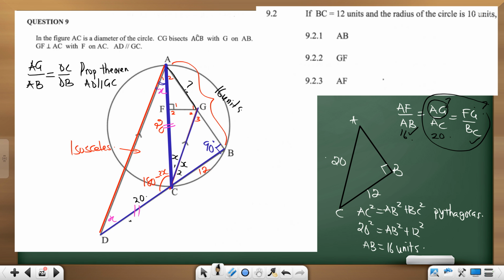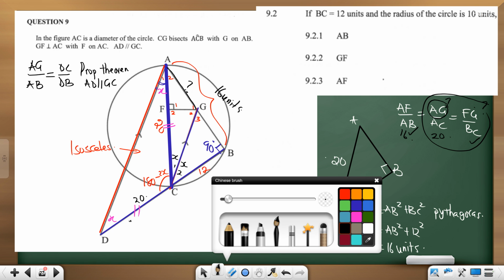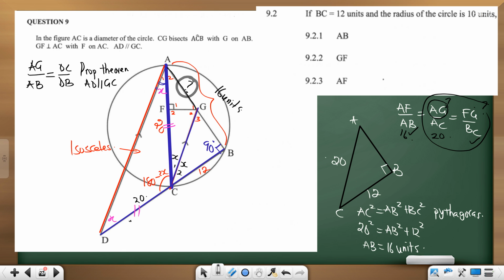Does that make sense to you? I don't know this. This over that, this over that. Do you see I know all the other ones? AG, what I don't know, over the whole length. That's the top over the whole length.